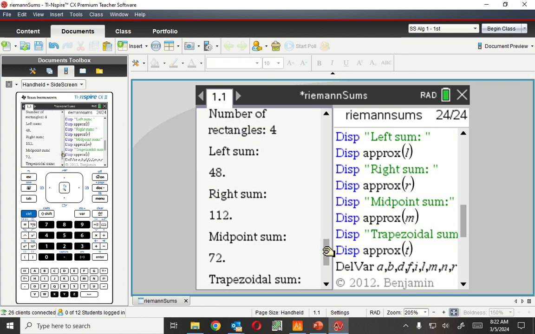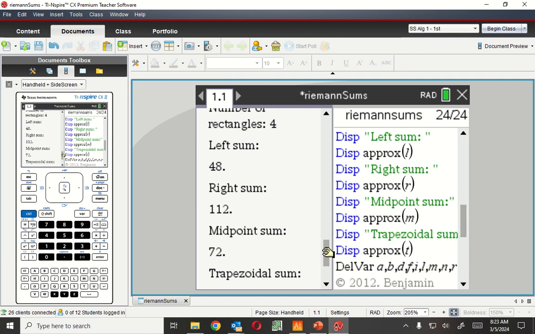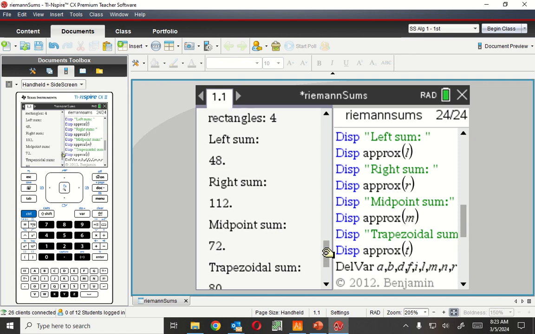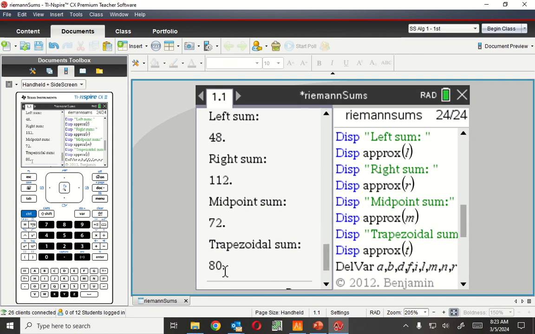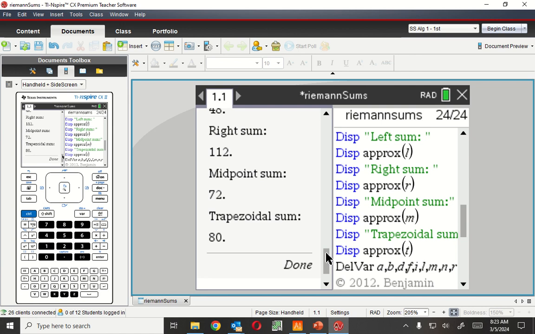Left sum should be 48. Right sum should be 112. Midpoint should be 72. And trapezoid, which is something different that we'll eventually get into, just not today, is going to be 80. That make sense? Yes, no, maybe, possibly, on occasion.